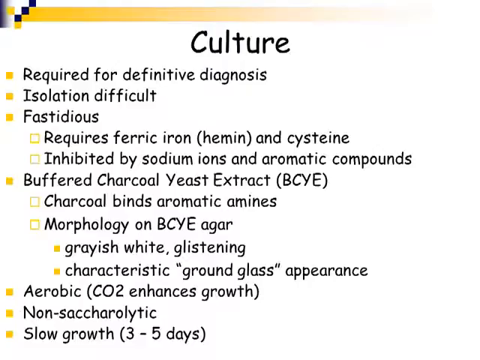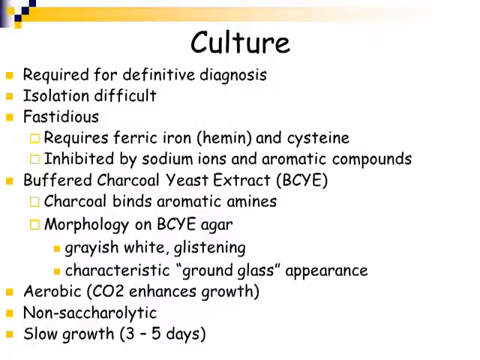So the charcoal in the BCYE binds to the aromatic amines that are present. Now, on buffered charcoal yeast extract agar, the organism will grow as a grayish-white colony that glistens, and it's usually described as having a ground glass appearance.